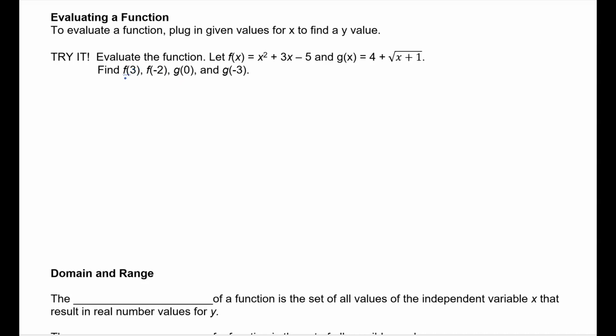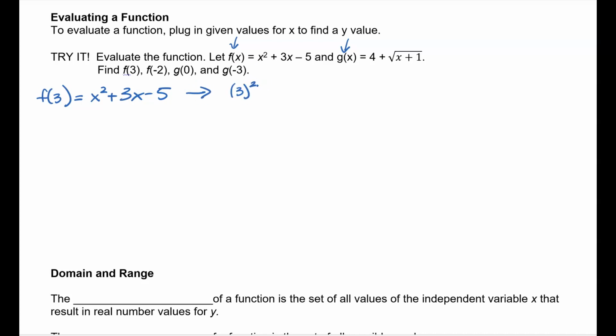You'll notice there's f's here, and then you also see g, that just tells you what function you're looking at. So there's this function f of x and then g of x. If we want to find f of 3, it means take the function f of x, which is up here, and plug in 3. So I'm going to write x squared plus 3x minus 5, and then plug in 3 wherever I see an x.